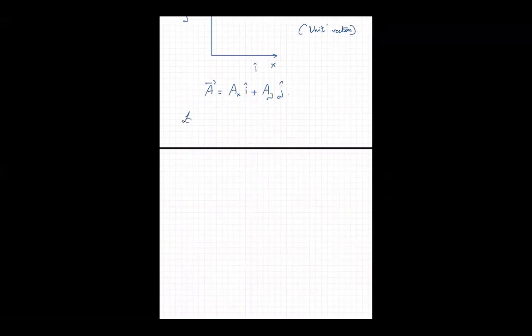We will extend this notation, this concept, to 5, 6, 7, 8, 10 dimensions, 15 dimensions, or an arbitrary number of dimensions, and also infinite dimensions.